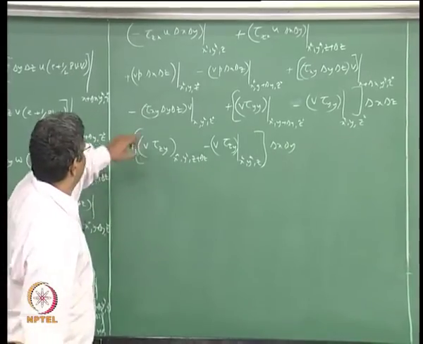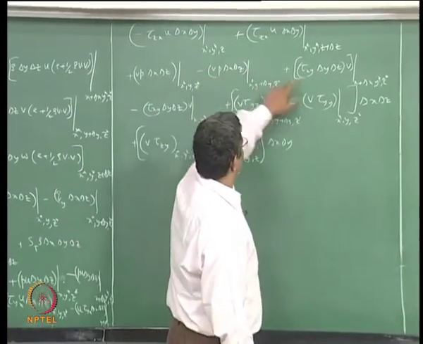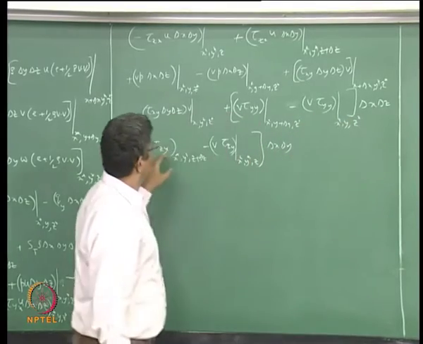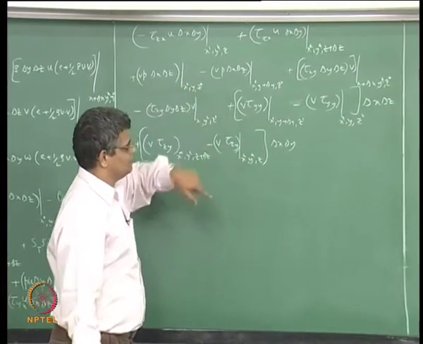So we have 1, 2, 3, 4, 5, 6, all these things multiplied by the velocity component v.